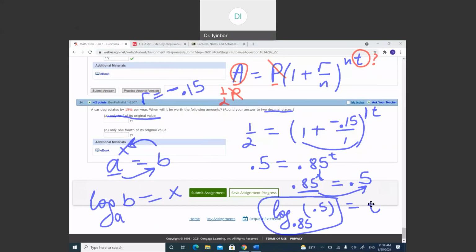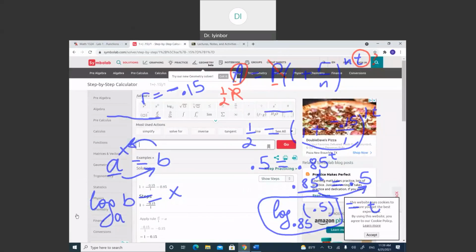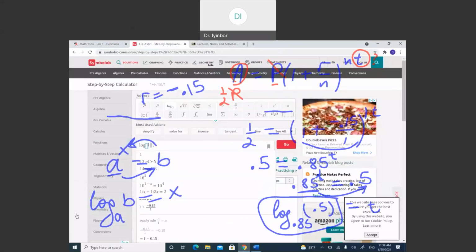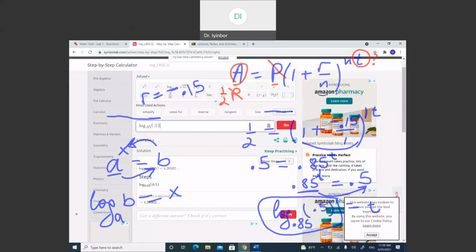And I need to round to 2 decimal places. So let's do that. I'm going to press logarithm with base 0.85. You can put any number in the base and here you have 0.5. So I have base 0.85 of 0.5. That gives me 4 point, this is my answer here.